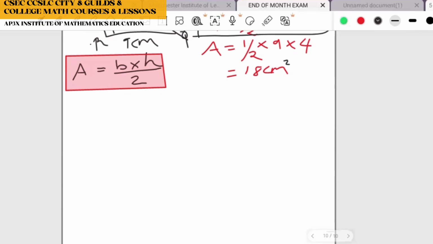Triangle ABC, ensure that ABC is all capital letters. Triangle ABC has an area of 110 square centimeters.